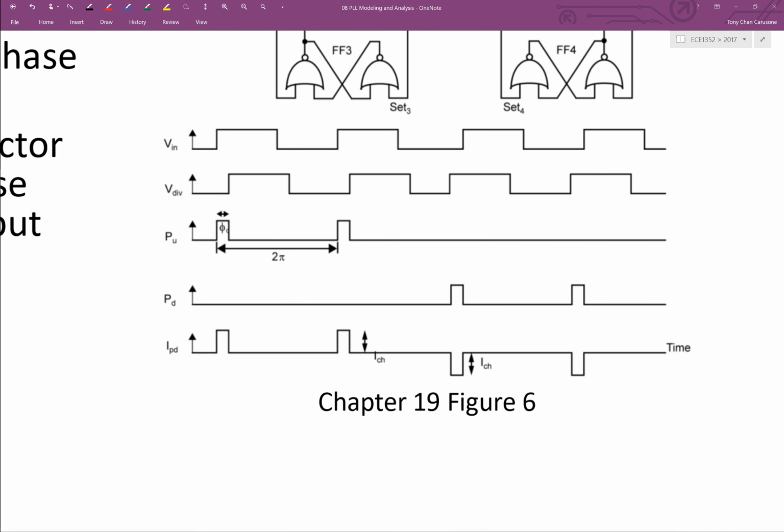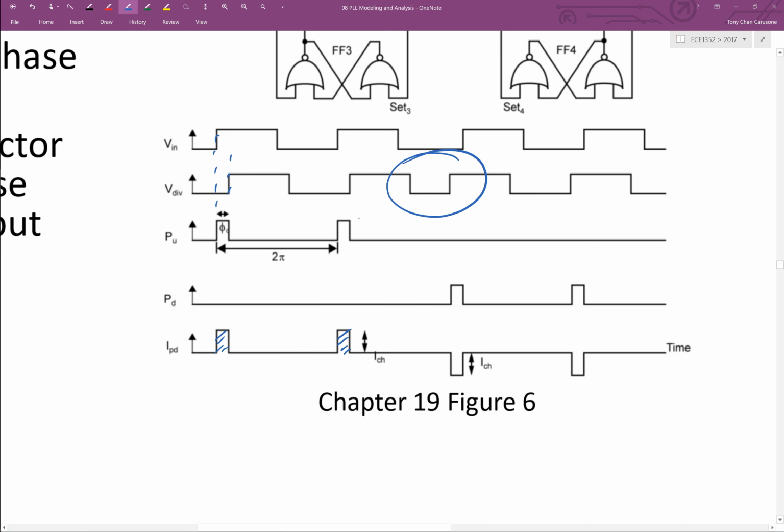Showing here temporarily the divided clock is lagging. So the phase error in this case is positive, okay? So we start getting positive current coming out. Then over here you see something happens.